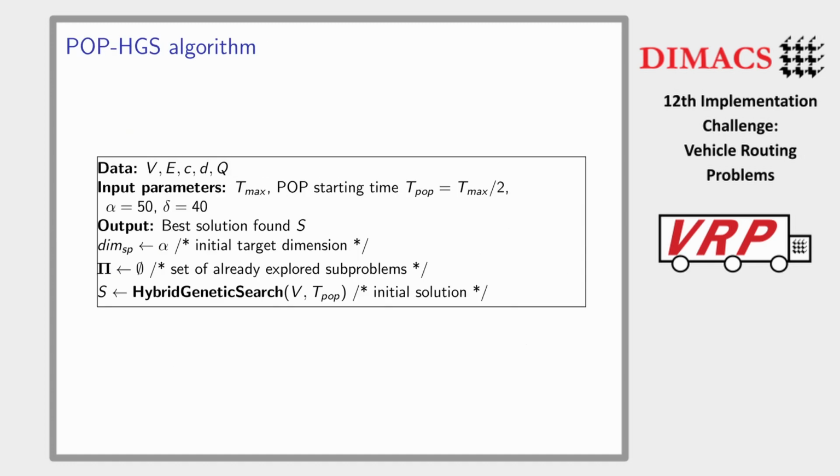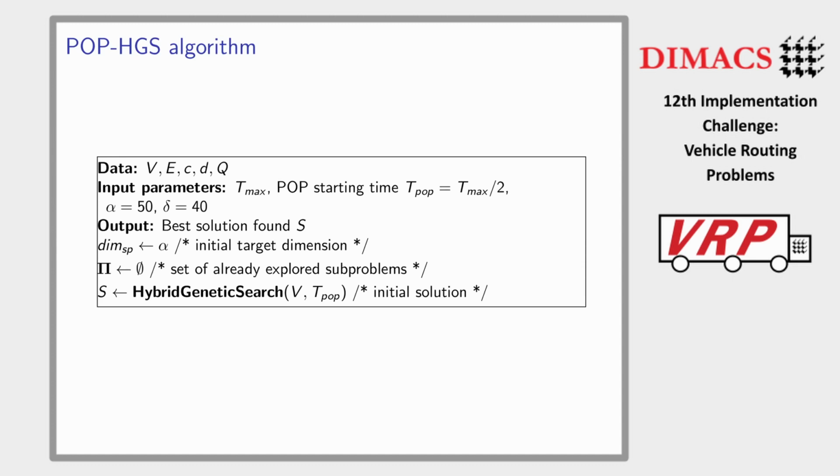So now I'll describe our solver. We have the CVRP data and some input parameters. Tmax is the time limit defined by the competition rules. We have also TPOP, which defines the starting point to start to solve subproblems.